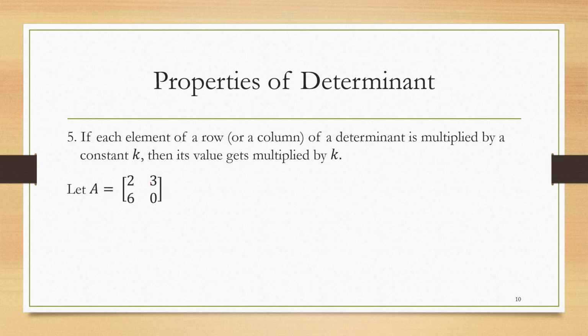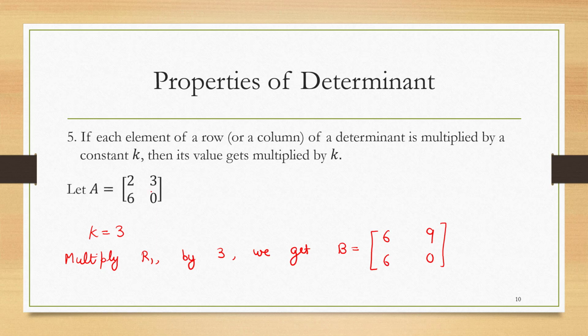If we multiply one of its rows by some scalar k, let's say k is equal to 3, multiply row 1 by 3, and then we get matrix B. B will be obtained by multiplying 3 with this first row, so we get 6, 9, and second row is same. Then determinant of B will be k times determinant of A. That is 3 times determinant of A.